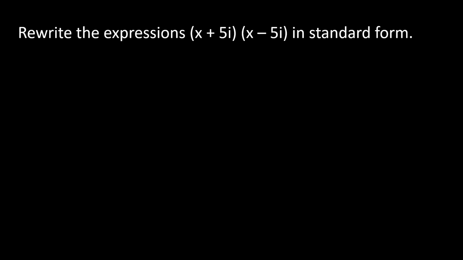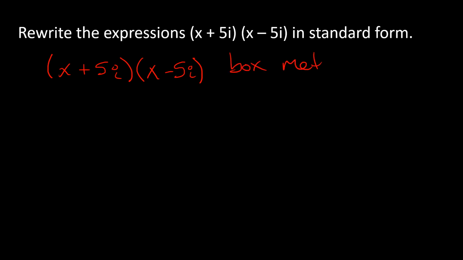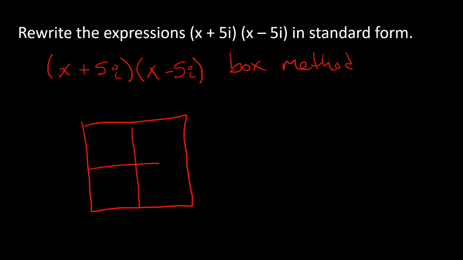But in this case, we have x plus 5i times x minus 5i, and we're going to follow the same techniques. If we have multiplication of complex numbers, we need to use the box method. So we'll set up our box with x plus 5i and x minus 5i.